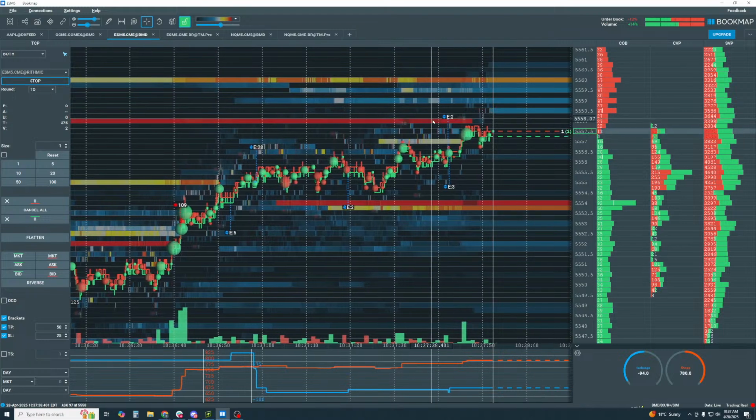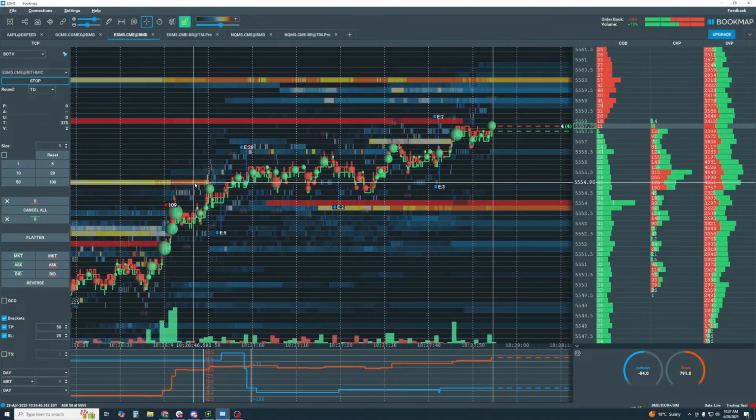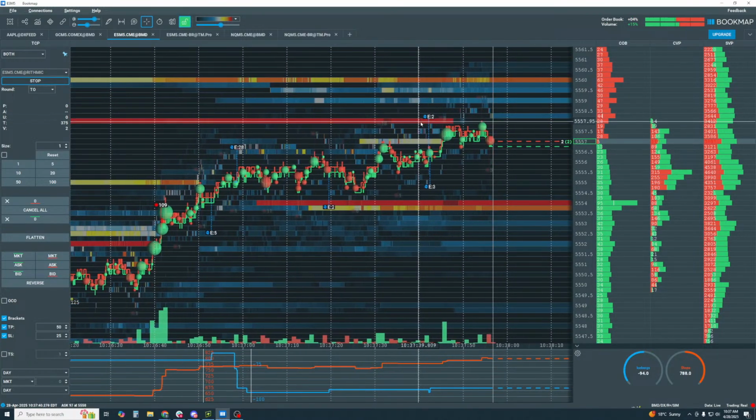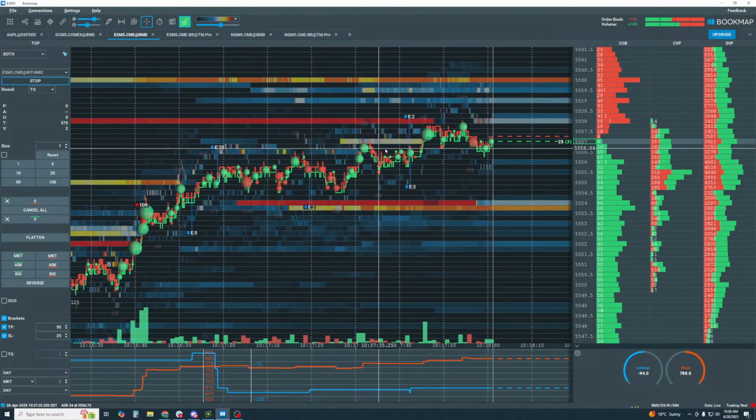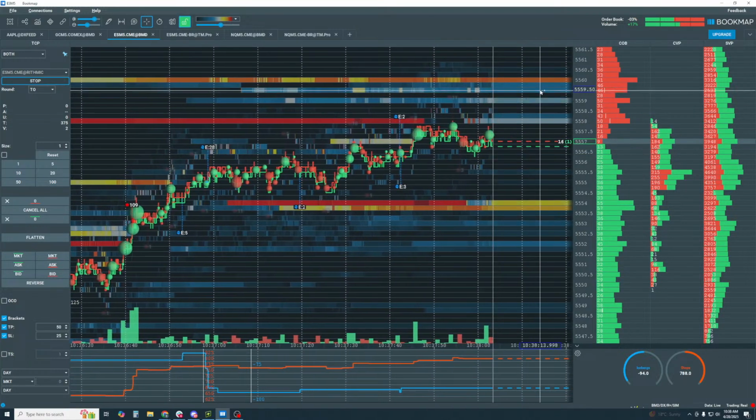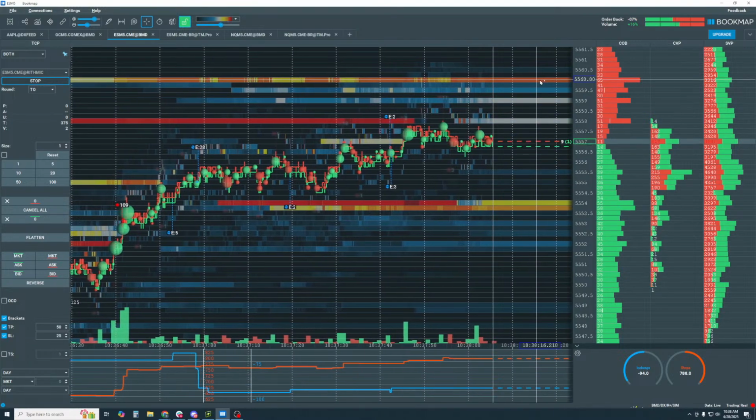This liquidity again was pulled here and here, so these orders did not trade. If there are more aggressive buyers, we look for the next level of liquidity at 60.